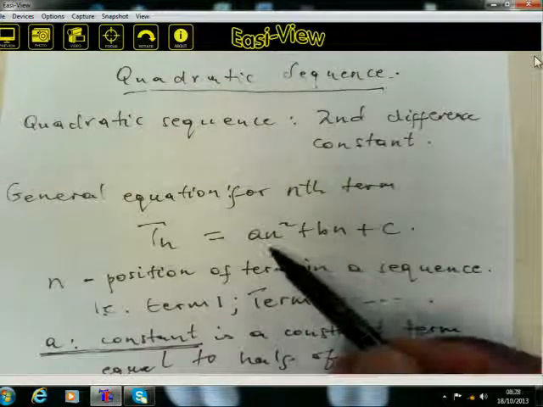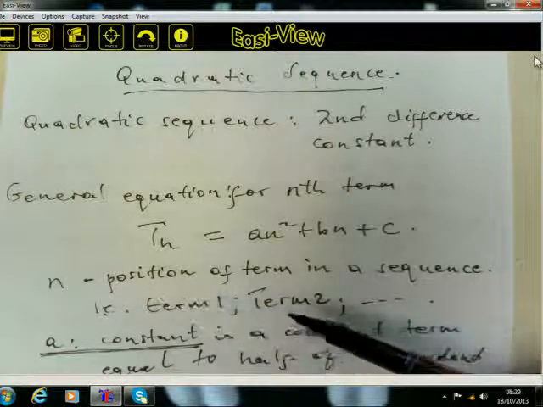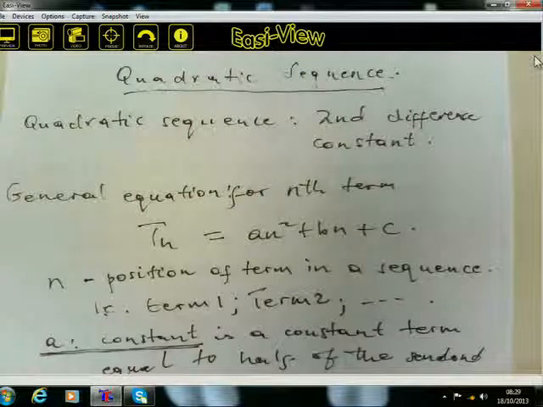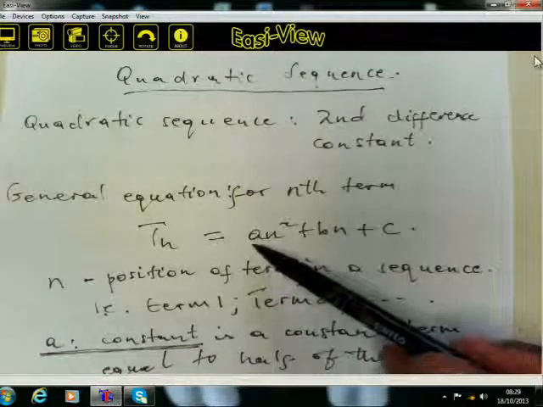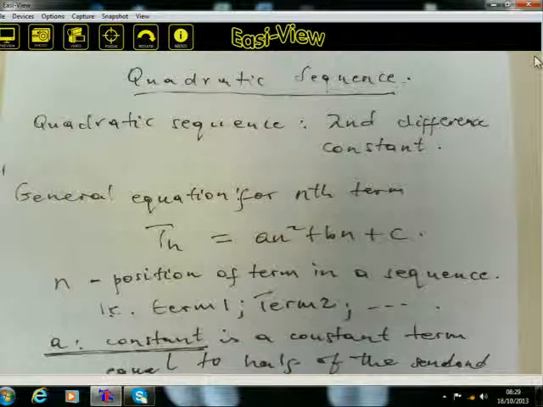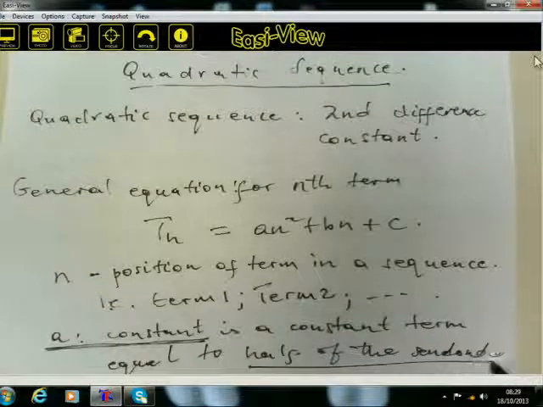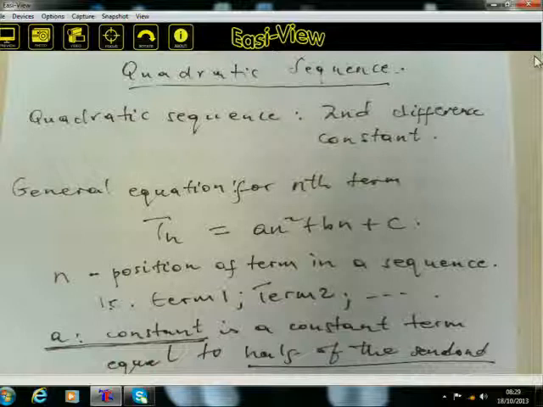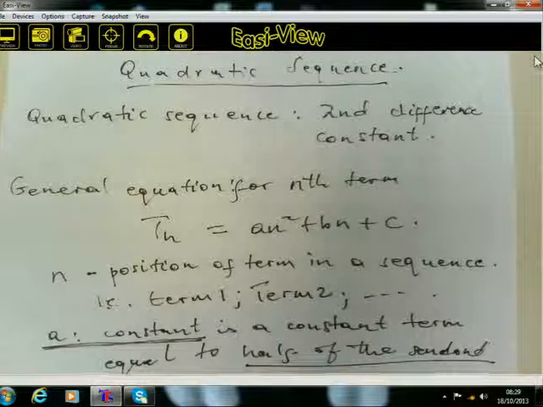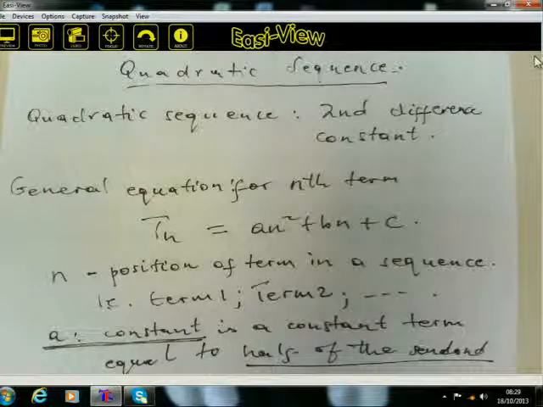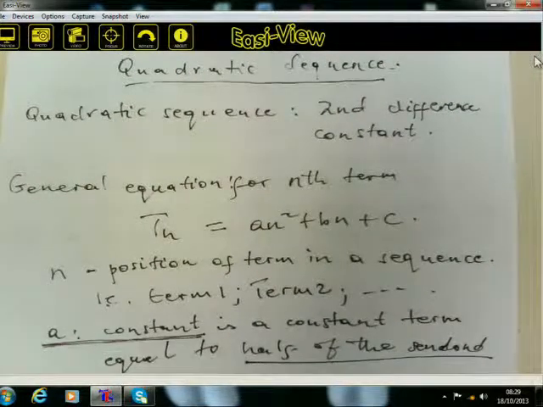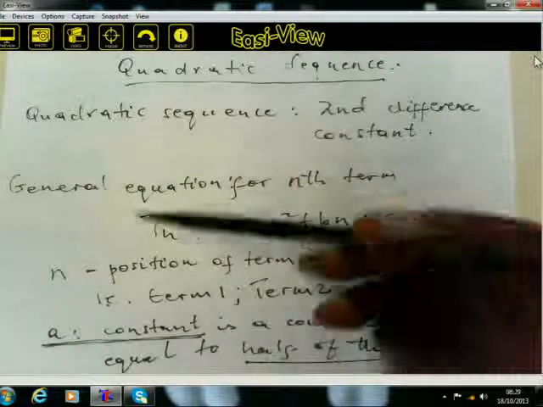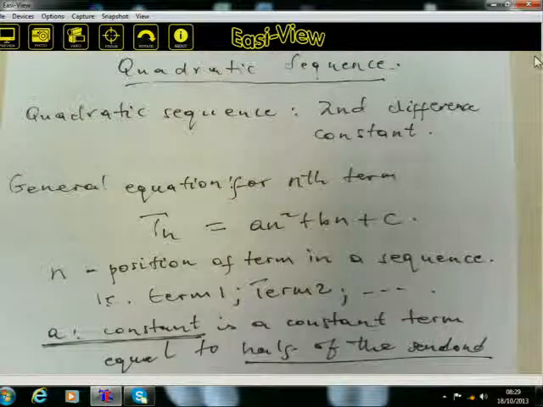Very important, n tells us the position of any term in a sequence, whether it is term number 1, term number 2, term number 3, and so on.